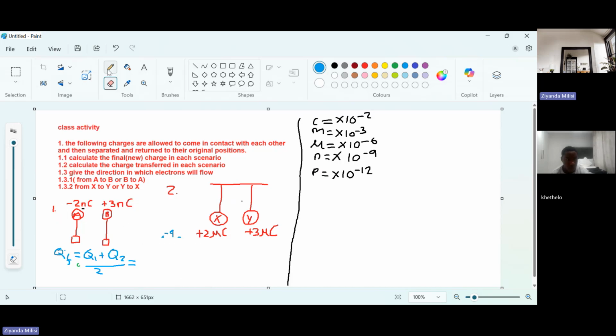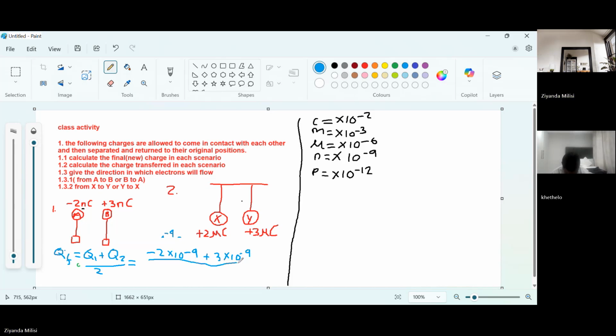Okay, so we've got negative 2 times 10 to the power negative 9 plus 3 times 10 to the power negative 9, all over 2. You said what is the answer?